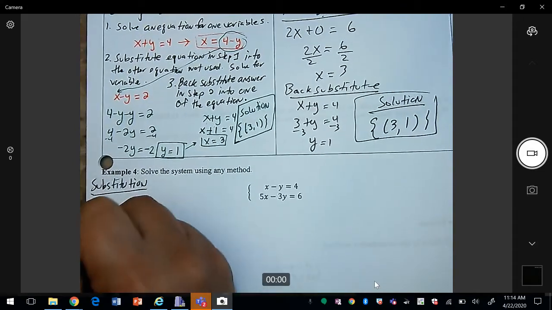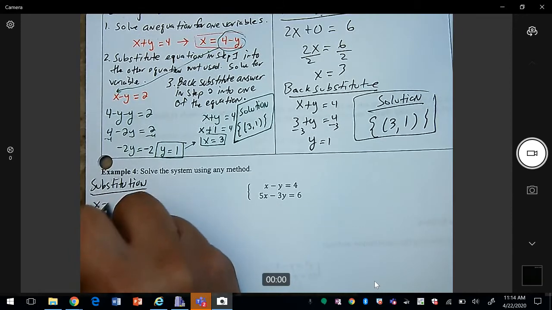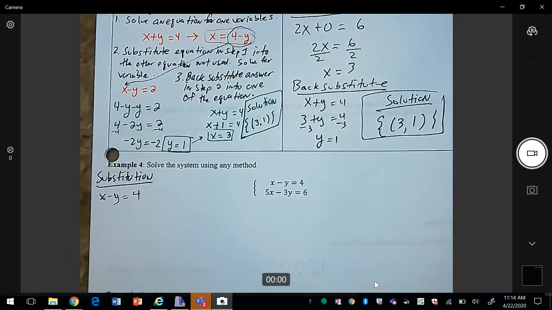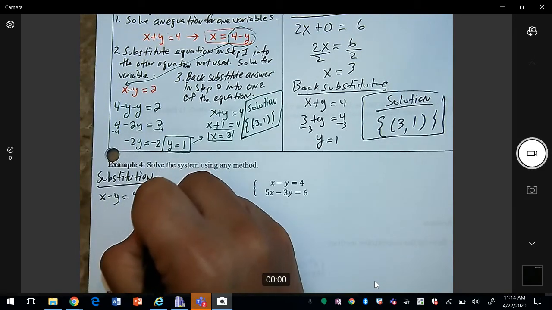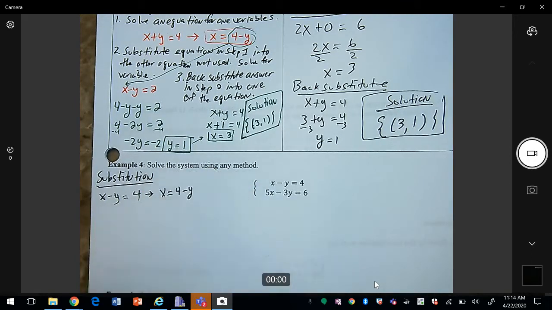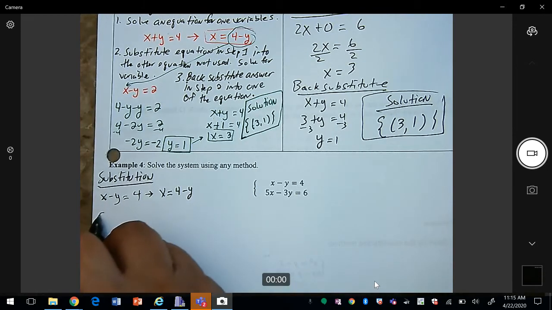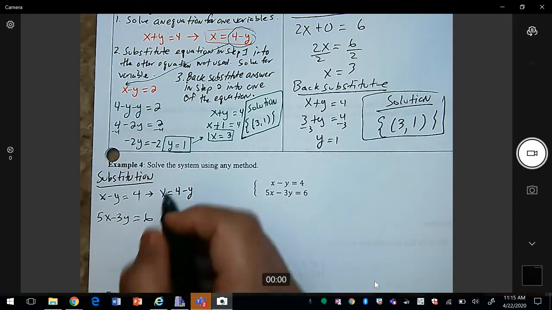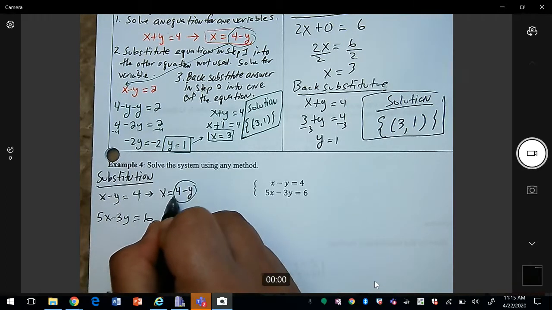So I'm going to write x minus y is equal to 4. And so I'm going to choose this equation and I'm going to solve for x. So x will be equal to 4 minus y. Okay. So now the second equation is 5x minus 3y equals 6. And I already know that x is equal to 4 minus y.